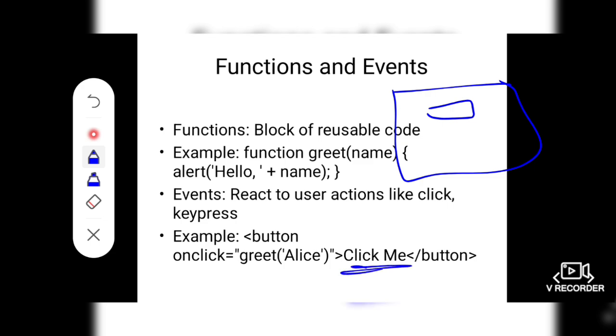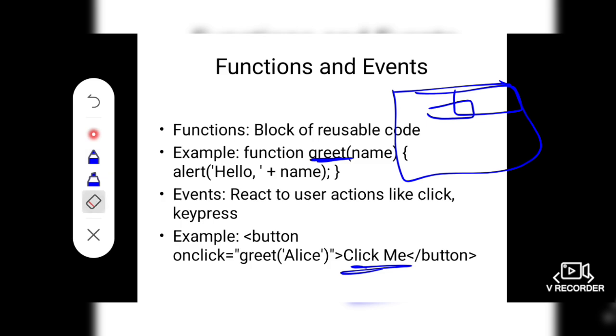After clicking that button you'll get an alert box, and here you'll have greet Alice. Like the function we have given here, this function executes. After that you'll get an alert message, hello, and the name parameter you have given, Alice. So hello Alice will come on the web page. Like that, functions and events are used.